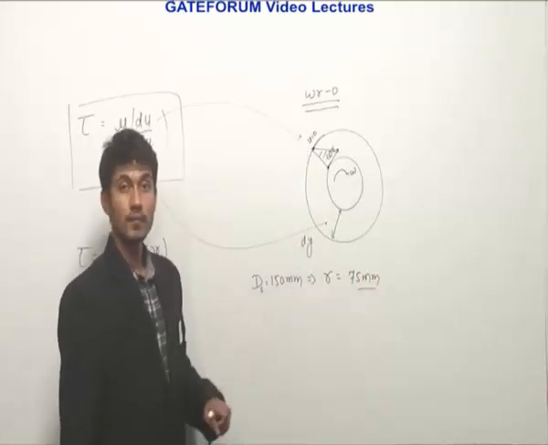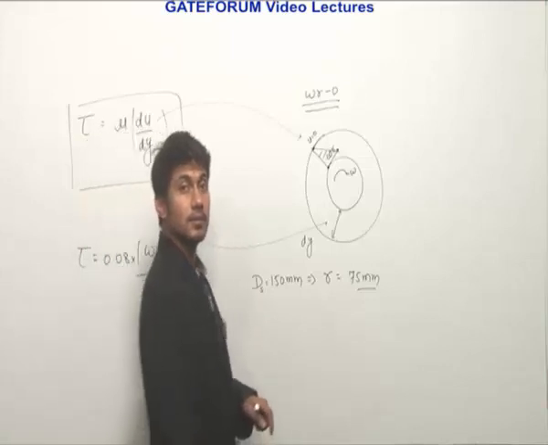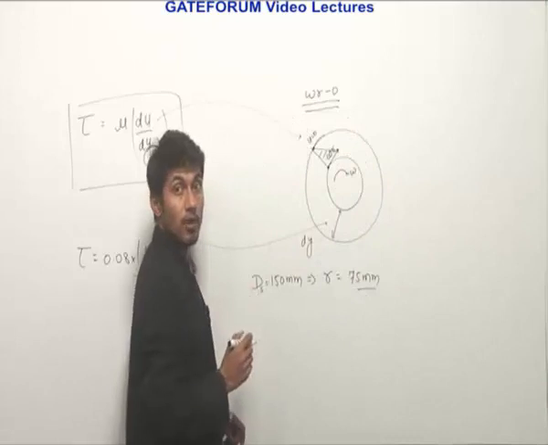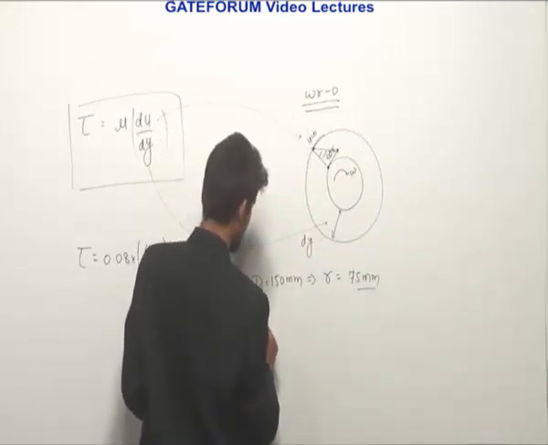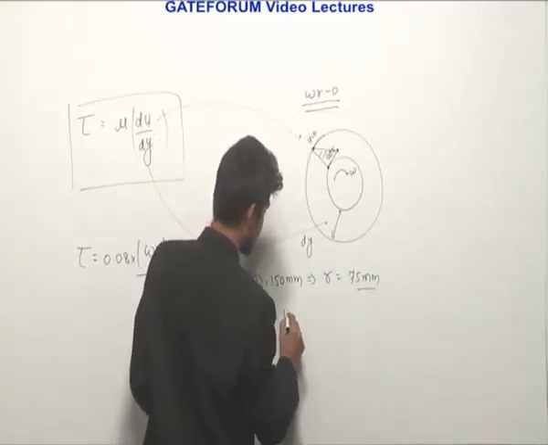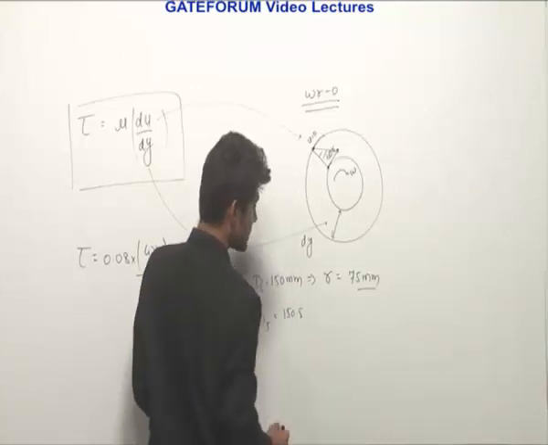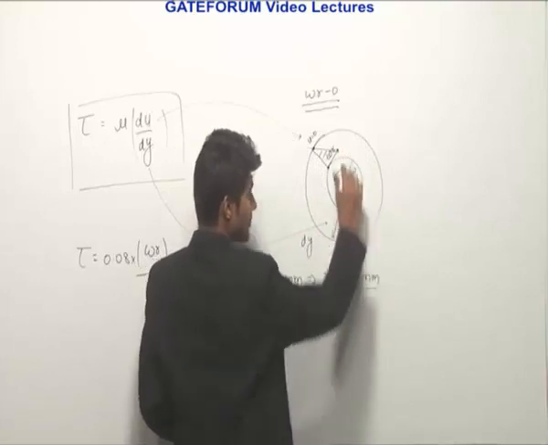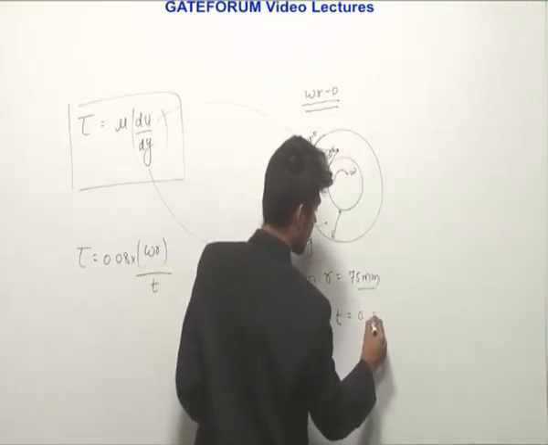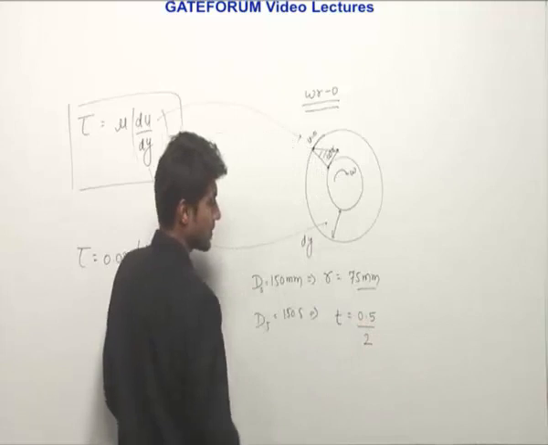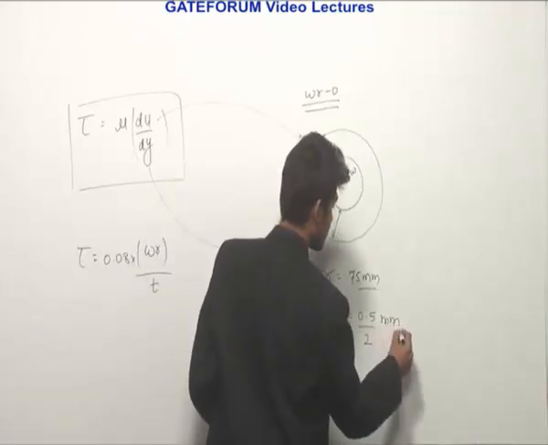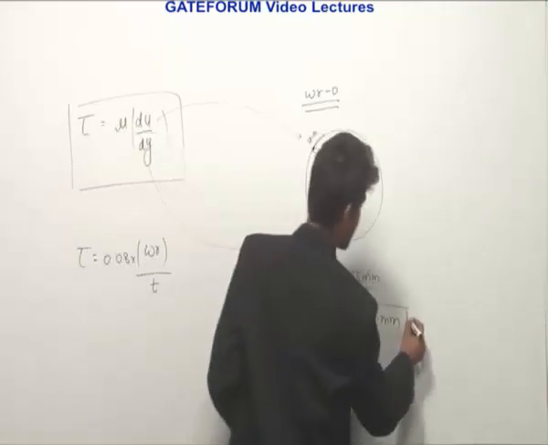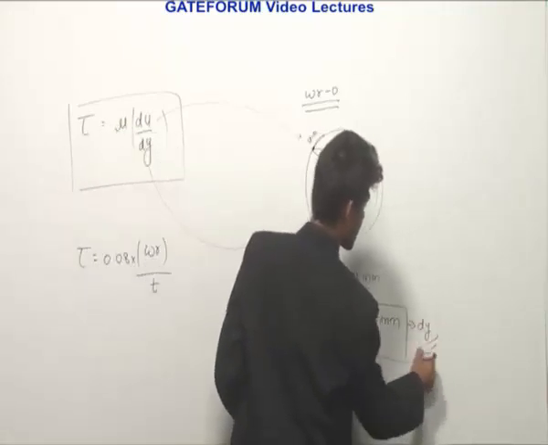And the journal bearing internal diameter is given as 150.5, so the difference will be 2 times t. So it will be 0.5 divided by 2. This is the thickness in mm, which is to be used as dy.